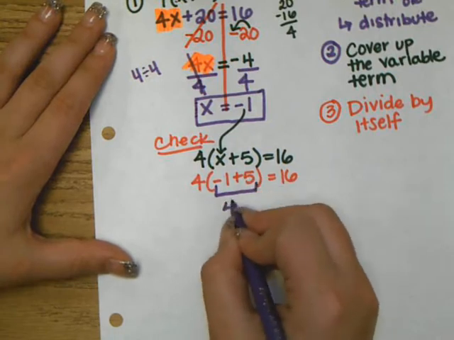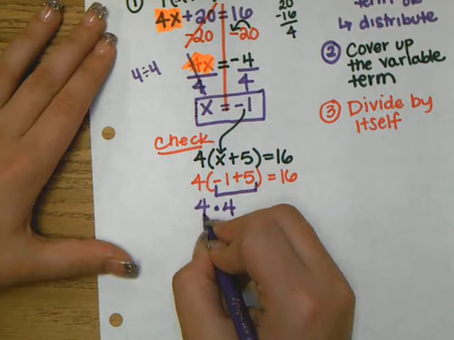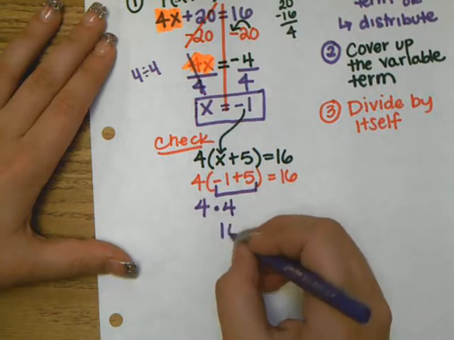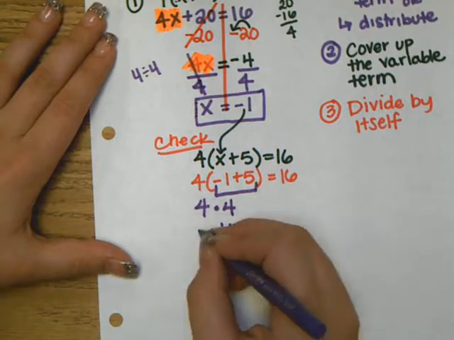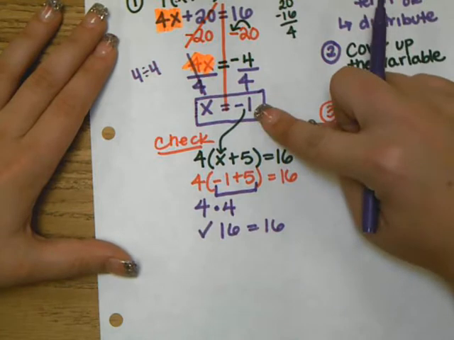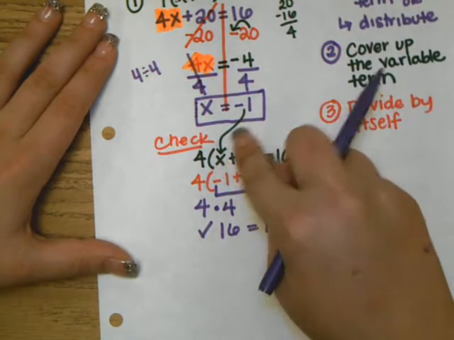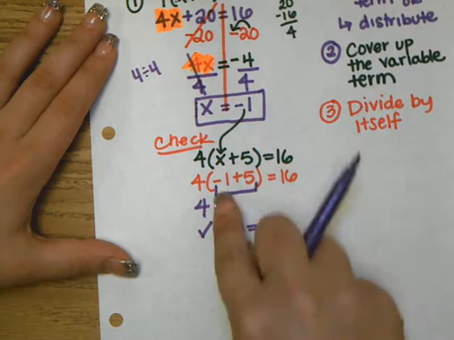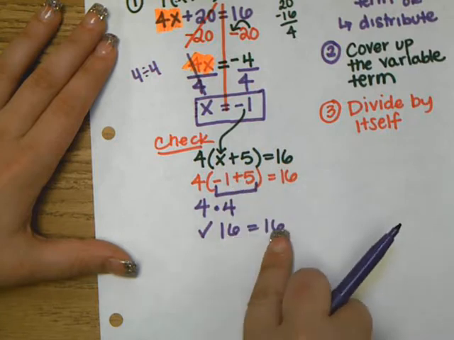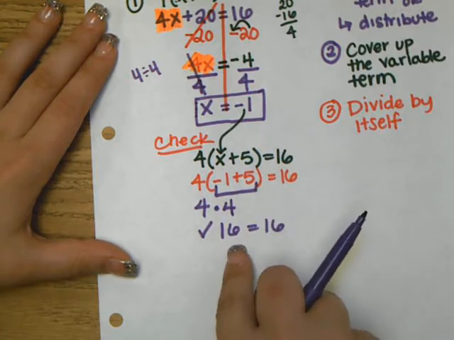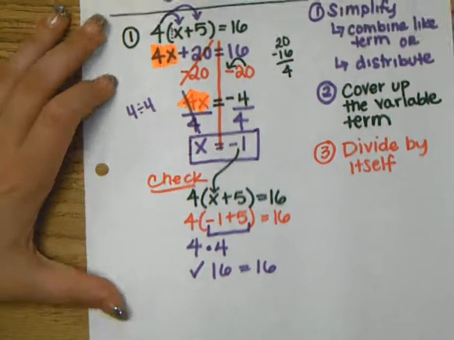So negative 1 plus 5, parentheses first, that's 4. And 4 times 4 is 16. So we know that this is the correct answer because when we took out the x and replaced it, we get the same thing on both sides. It's equivalent.